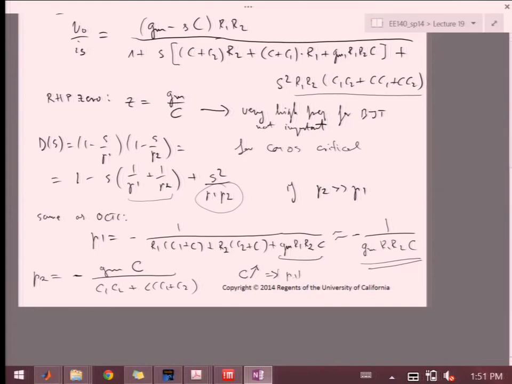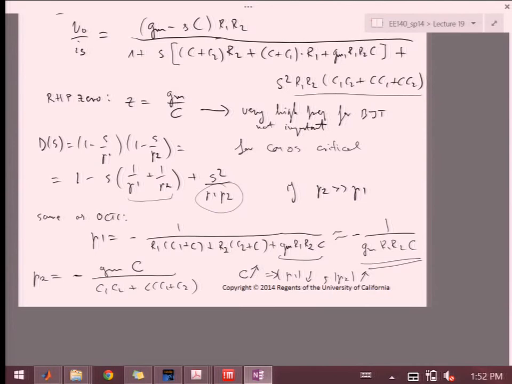So pole 1 magnitude decreases. What happens with P2? Because I have this constant factor over here, my numerator is going to grow faster, right? So the magnitude of P2 is actually going to increase. It may not increase by a whole lot, but it will still be increasing.